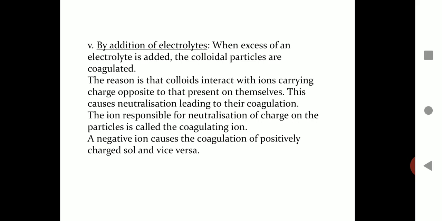So if the colloidal particles are positively charged, then a negative ion will cause the coagulation, whereas if the colloidal particles are negatively charged, then a positive ion will cause the coagulation.